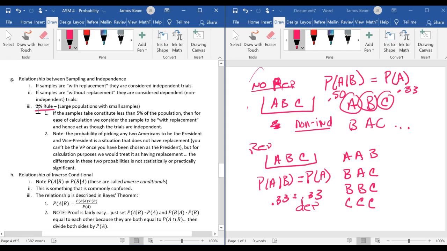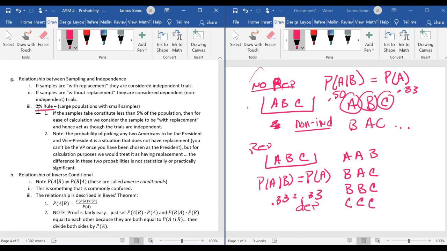The reason we get the 5% rule is if I have a really large population and I'm taking a very small sample, it really doesn't matter if I'm replacing it or not. The likelihood of me picking the same thing twice is really tiny. So let's say I'm sampling 4 Americans out of 350-some million.